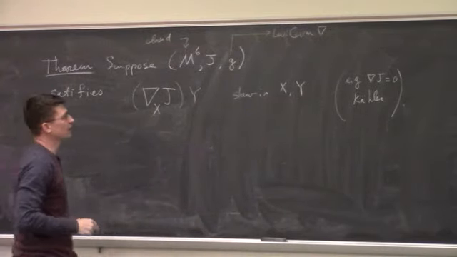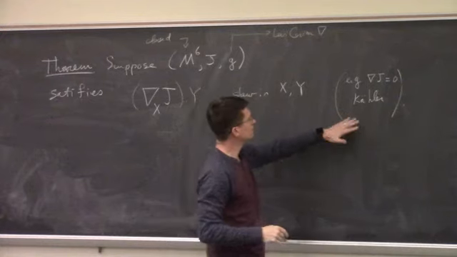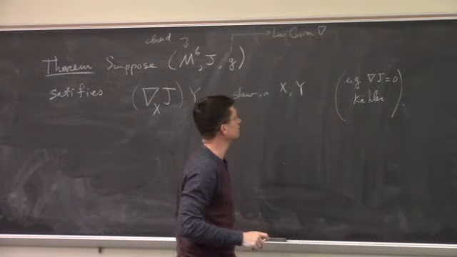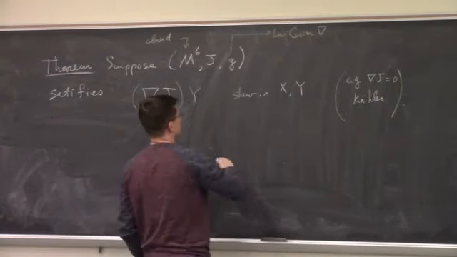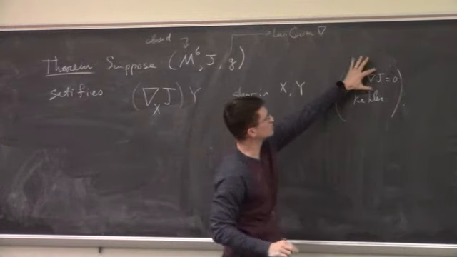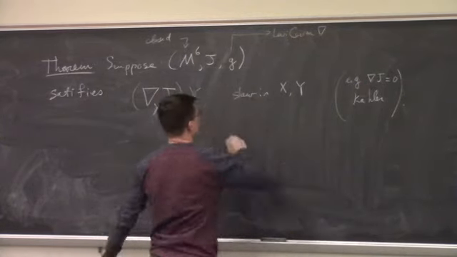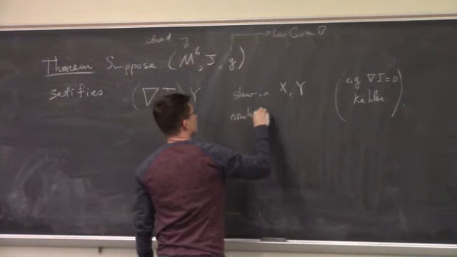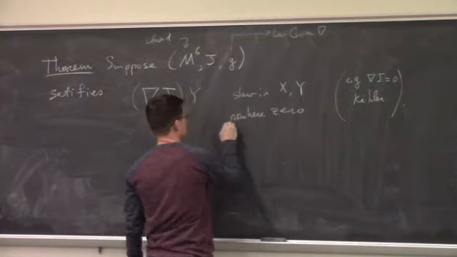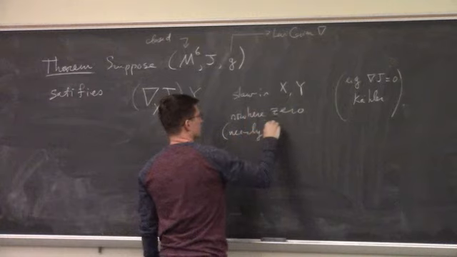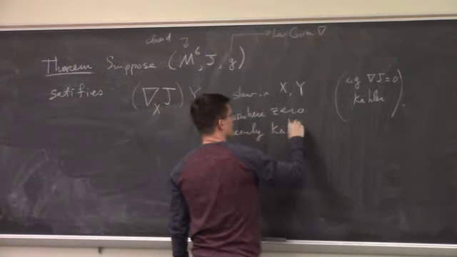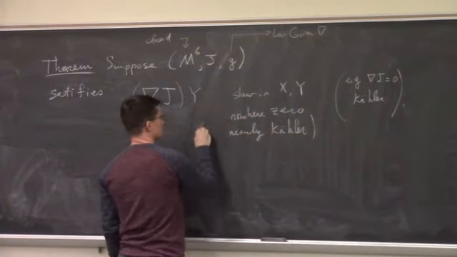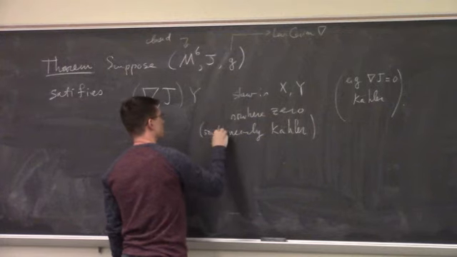And so I want to not be in this case. That's well studied. But I'm going to assume that this is not 0. I'm going to assume it's nowhere 0. And this has a name. It's called the nearly Kahler case. In fact, there's various names for it. Some people call it strictly nearly Kahler.